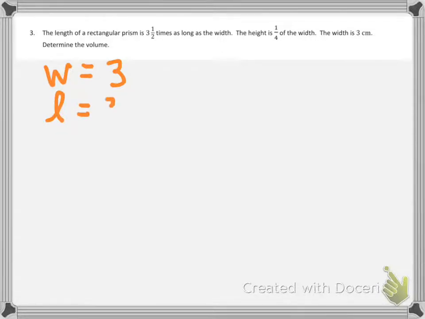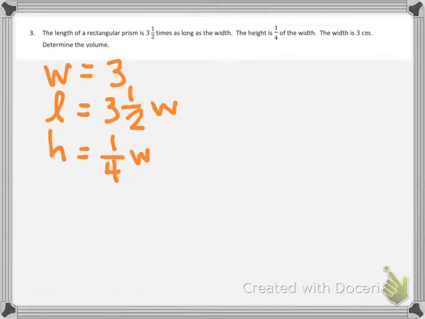And then we know that the height is 1/4 of the width. So that's 1/4 times the width. And now we can figure out what all of these actually are.